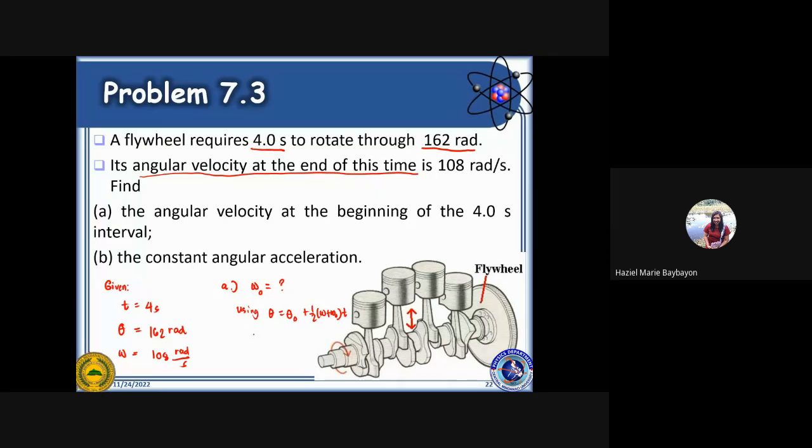So we will use this, noting that ang gihatag class is, you can see 162 radians. We will need to isolate omega naught. Okay, so dapat na to ma-isolate si omega naught, but these are just numbers. For example, theta is 162 radians.